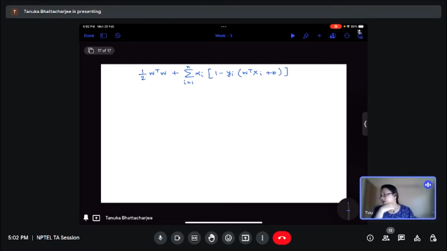This is a constrained optimization problem, where the loss function is a function of all these things: W, b and alpha. With respect to all three of these, you need to minimize this loss function.